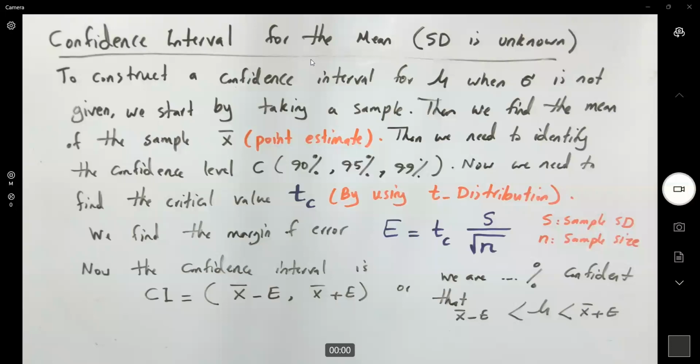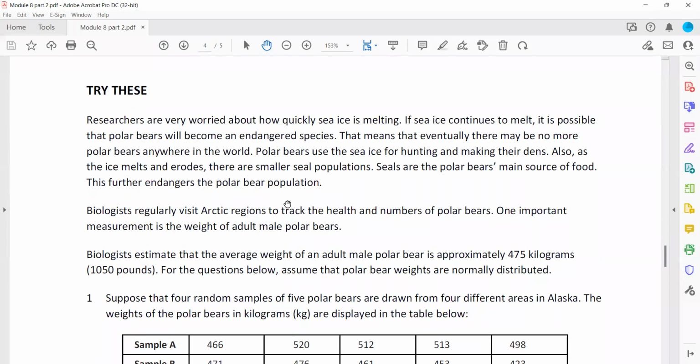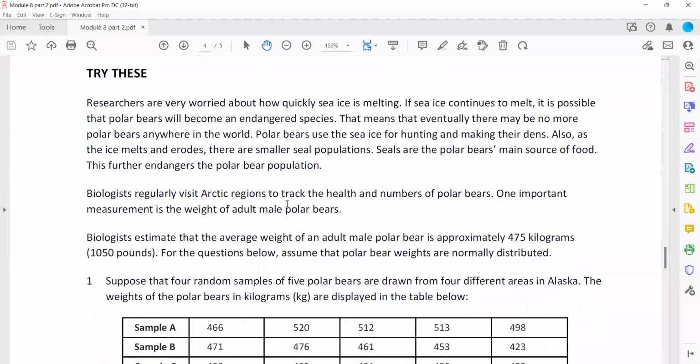Let's go back to the notes and take a look at this example. Researchers are very worried about how quickly sea ice is melting. If sea ice continues to melt, it is possible that polar bears will become an endangered species. That means that eventually there may be no more polar bears anywhere in the world.